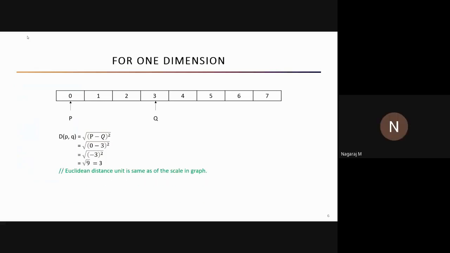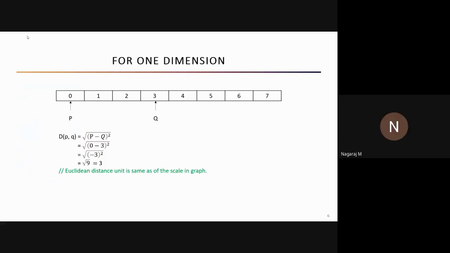These are objects? P, sir, and Q. This is a point, sir. P is a point and Q is a point in a 1 cross 8 dimension matrix. I thought it is distance between objects. Yes, sir, it is distance between objects, sir. Those are points. In an image we have a matrix, sir. So everything is m cross n, and we calculate by this formula.